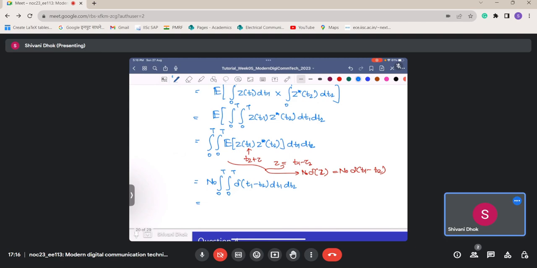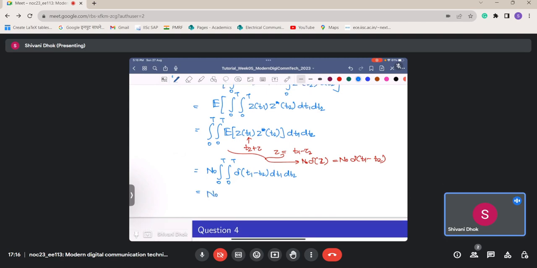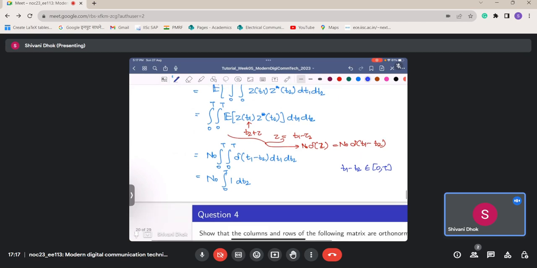So this thing is simply N naught times the integral from 0 to t, and integration of an impulse in that range will be equal to 1 in dt2, and this is true if t1 minus t2 is in 0 to t, otherwise it will be equal to 0.